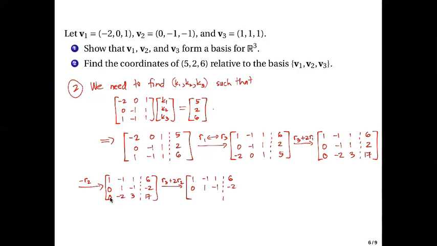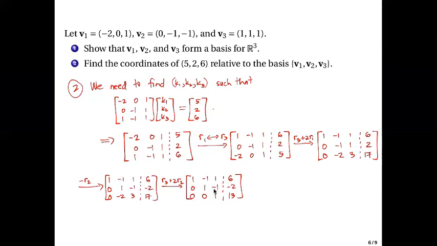And then we have 0 plus 0, that's still 0. And then negative 2 plus 2 times 1, that becomes 0. 3 plus 2 times negative 1, so 3 minus 2, that becomes 1. 17 plus 2 times negative 2, so 17 minus 4, that's 13. Okay?